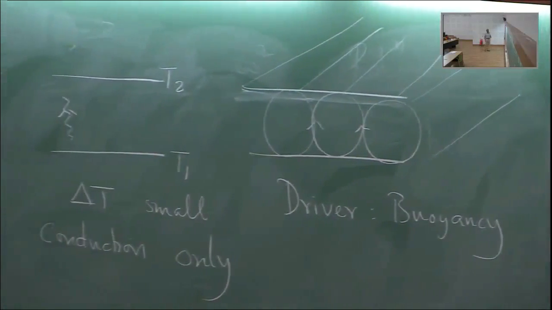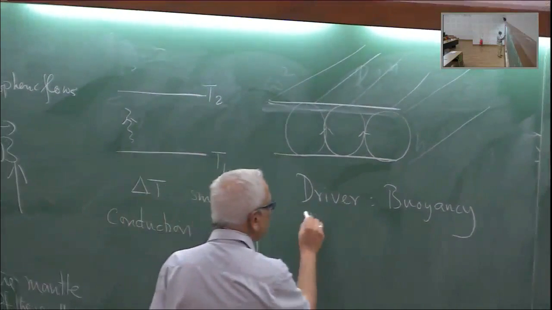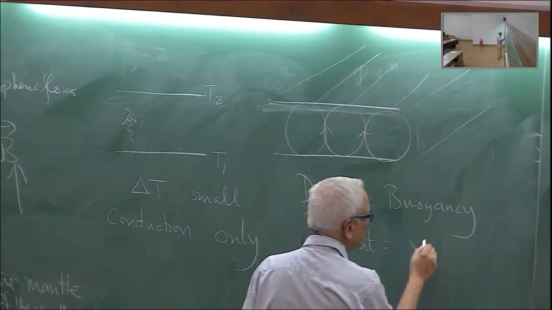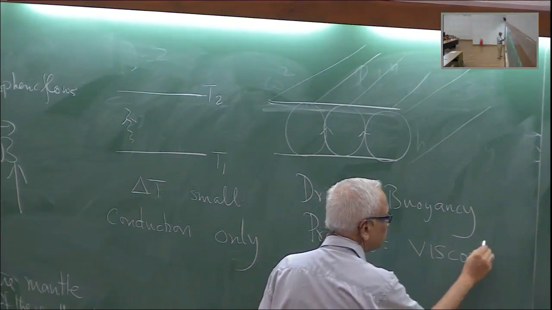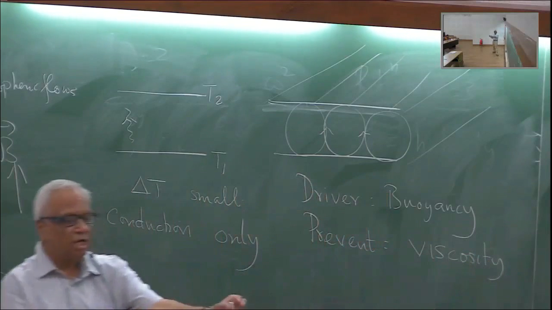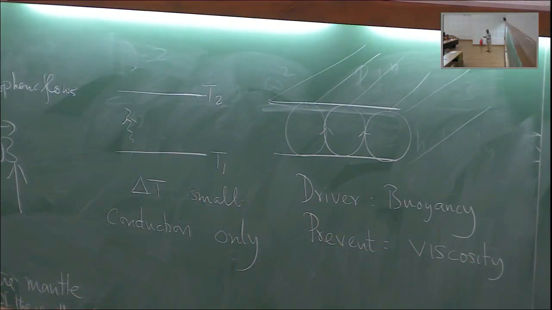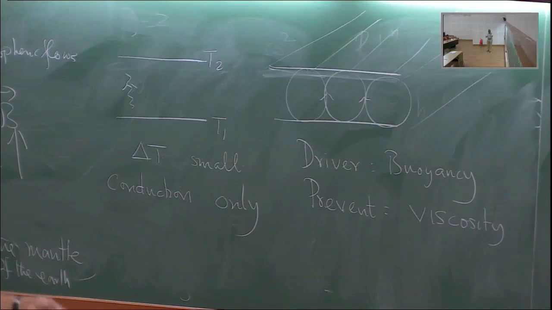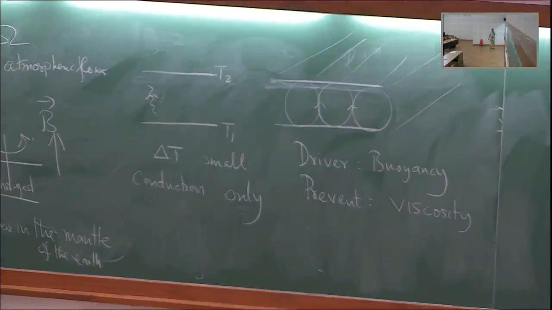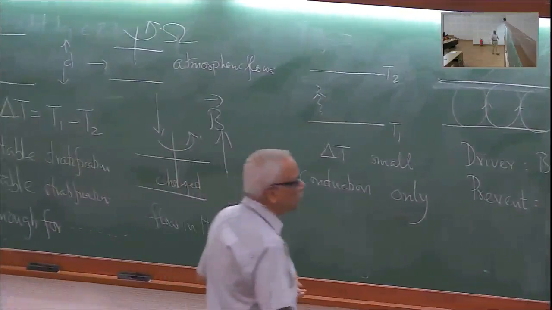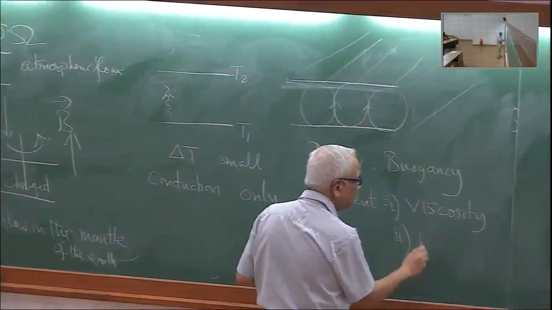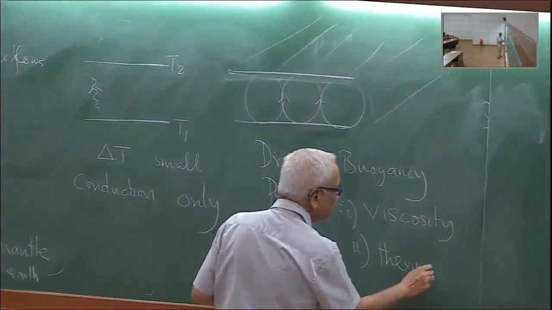The prevention comes from viscosity because of Stokes' law. As soon as this parcel of hot air tries to rise, there will be viscous drag which would try to bring it down.